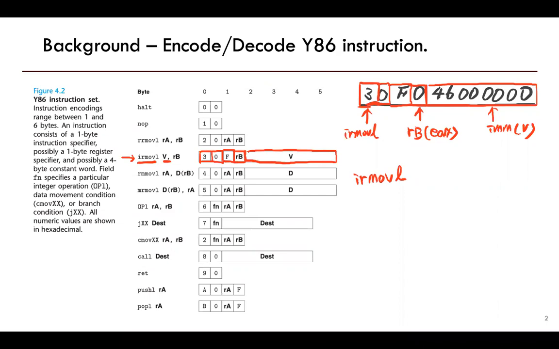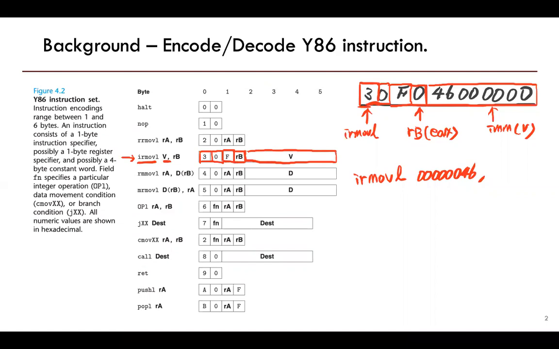So we need to convert this value to the exact immediate value, which is 00000046. If you are not familiar with little endianness, you can go back to the previous lab or previous lecture, or you can Google it and then go back to this slide.